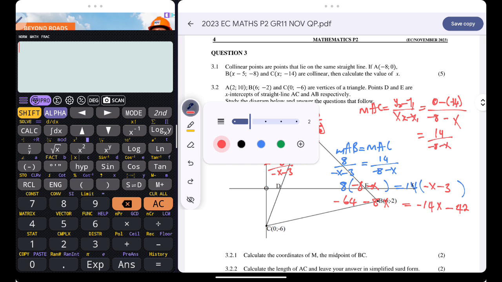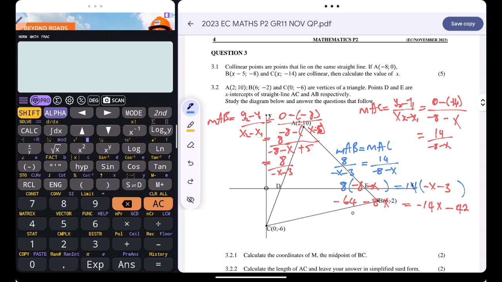Whenever I bring the 14 to the other side, it will be positive 14x. Are you together? When I take the 64 to the other side, it will be a positive 64. And then all I'm doing, guys, I'm just isolating the value of x.